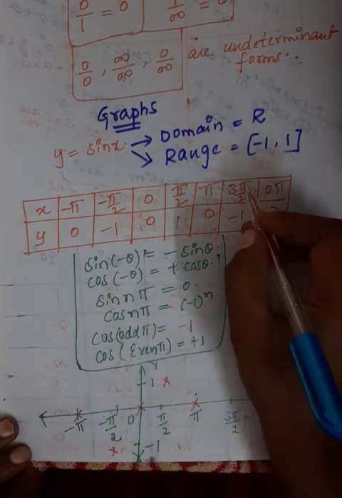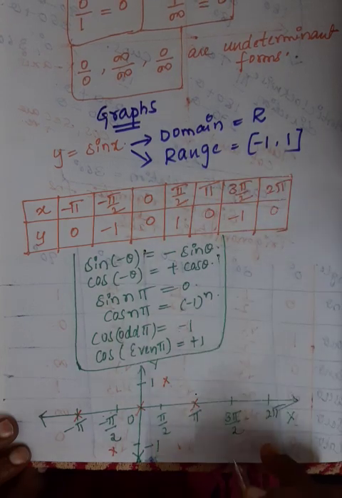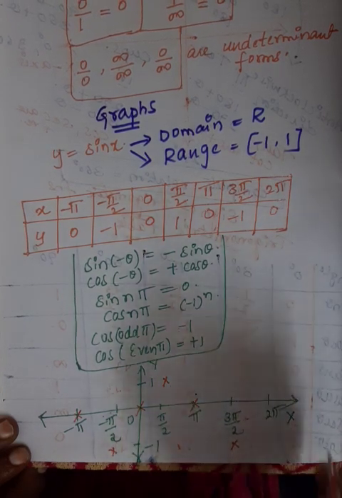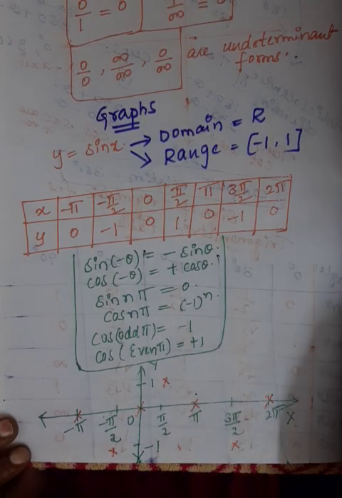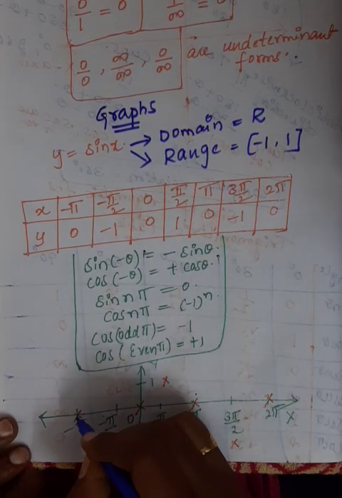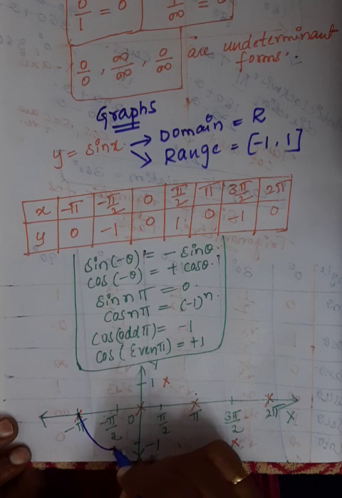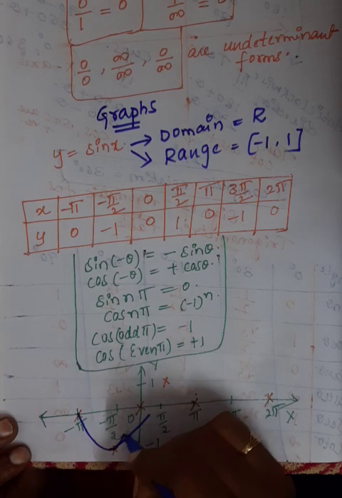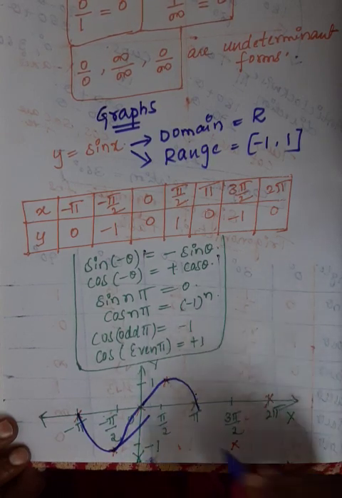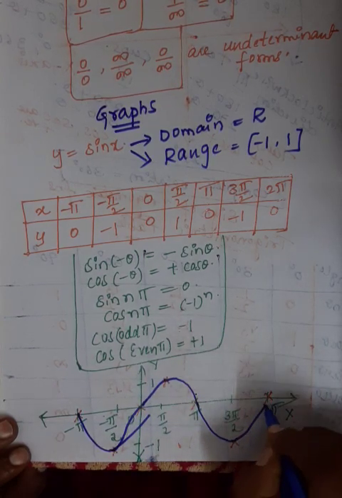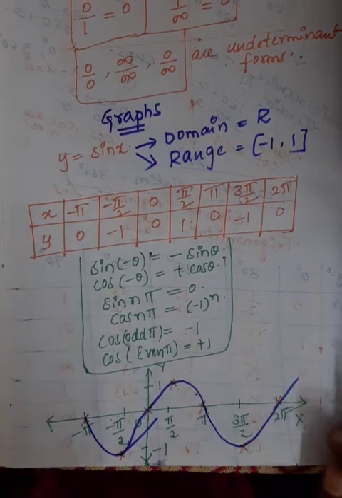Next 3π/2, -1. Next 2π, 0. Then we have to join these. So like this you have to join.